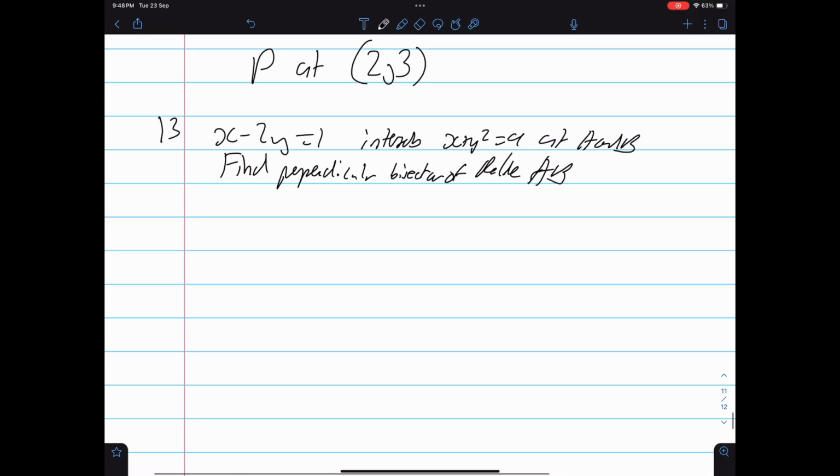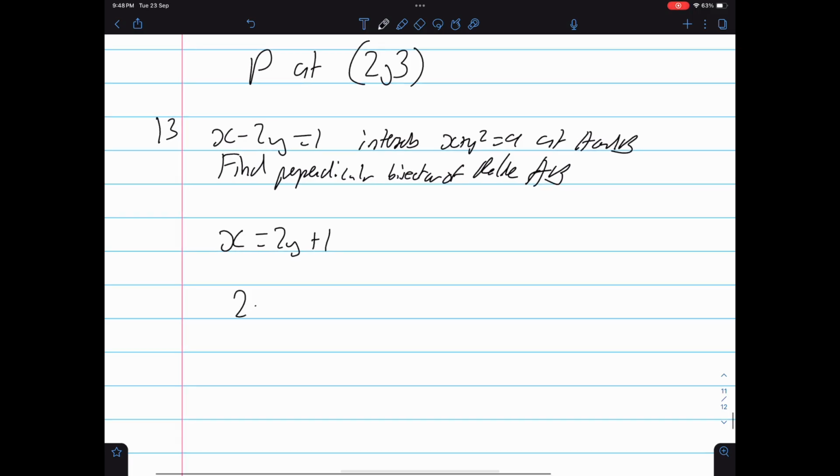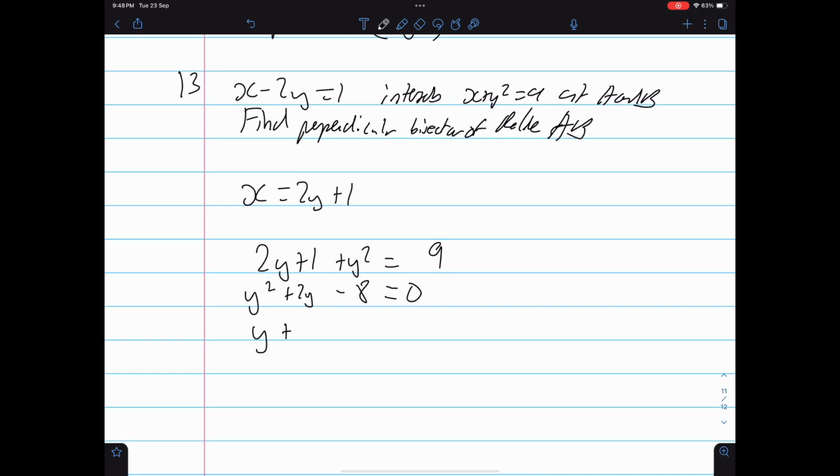Okay, it's a similar question to the one we had before. Let's just get into it. And this is actually shaping up to seem a bit easier than the previous one.